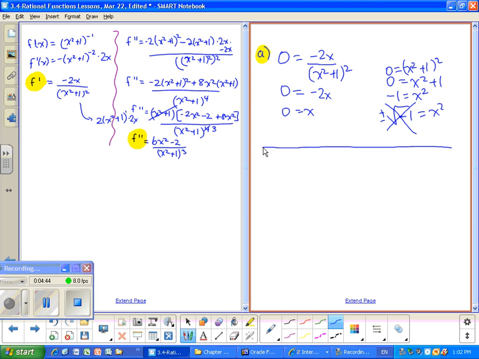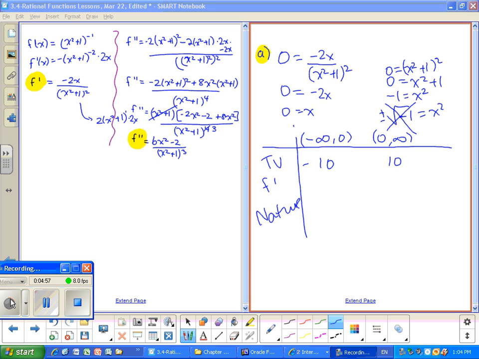So with your critical number, set up your table. Negative infinity to 0, 0 to infinity, test value, sign of f prime, and the nature. If you sub that into your f prime, what do you get? You get positive and then negative. What can you say the nature of this is?